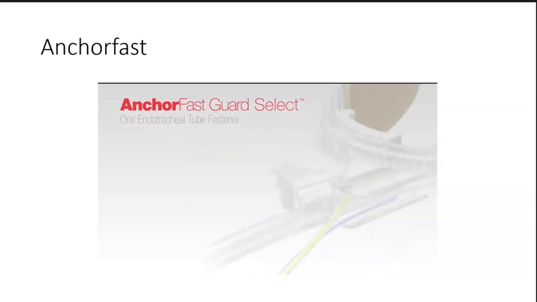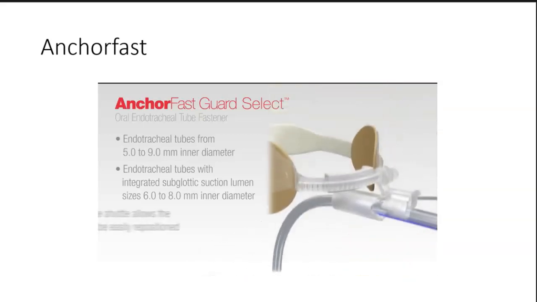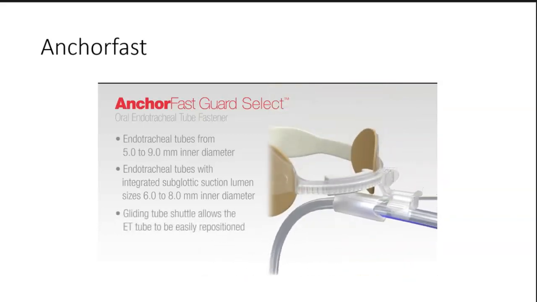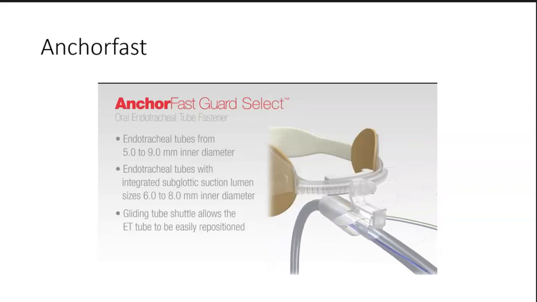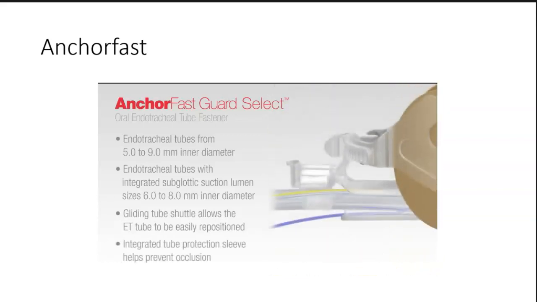The fastener secures oral endotracheal tubes ranging in size from 5.0 to 9.0 millimeters inner diameter, and endotracheal tubes with integrated subglottic suction lumen sizes 6.0 to 8.0 millimeters inner diameter. The gliding tube shuttle allows the ET tube to be easily repositioned from side to side while the tube remains secure. The integrated tube protection sleeve helps prevent occlusion without interfering with routine care.